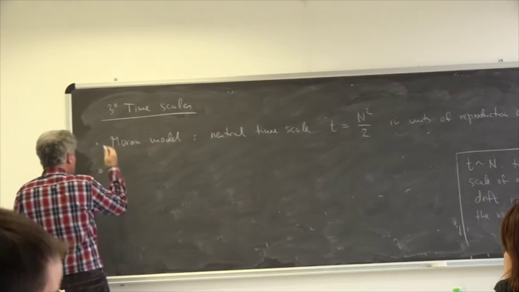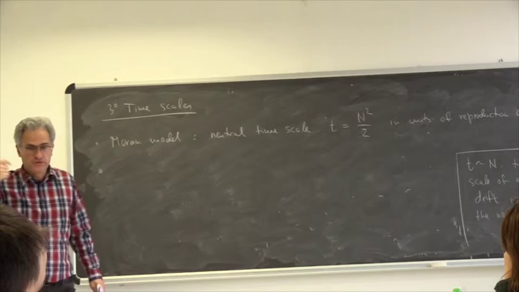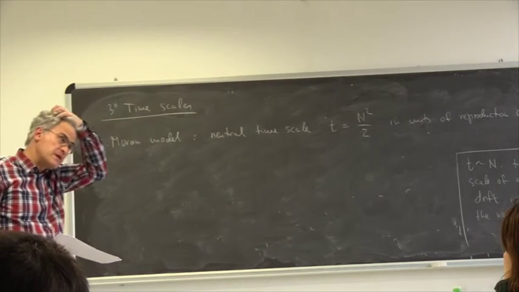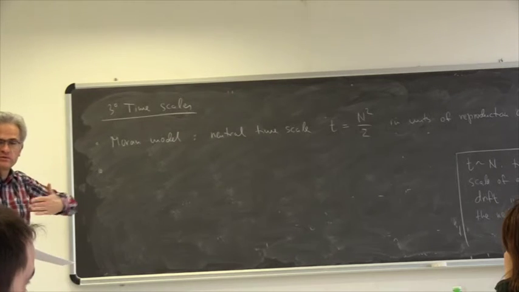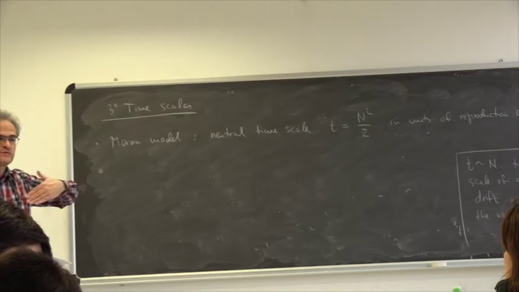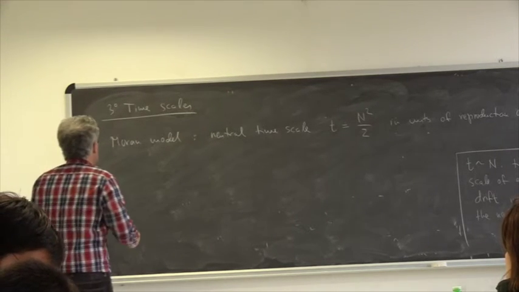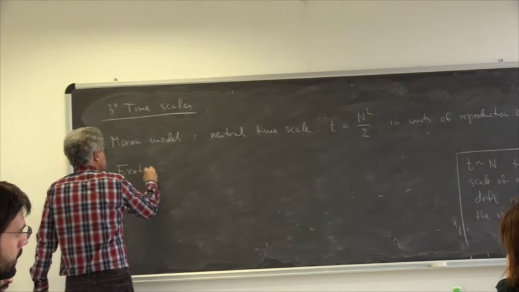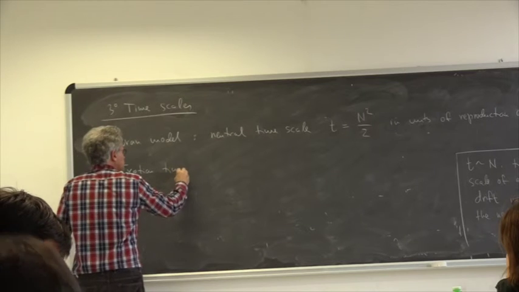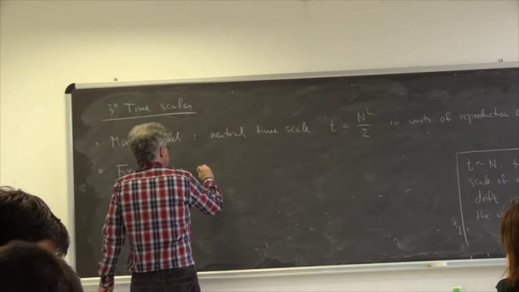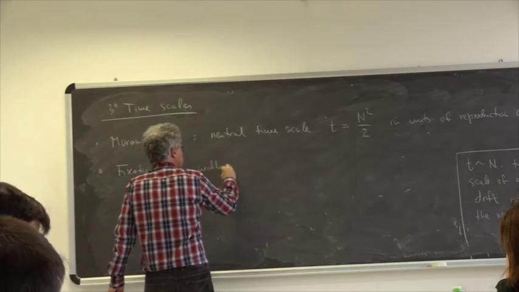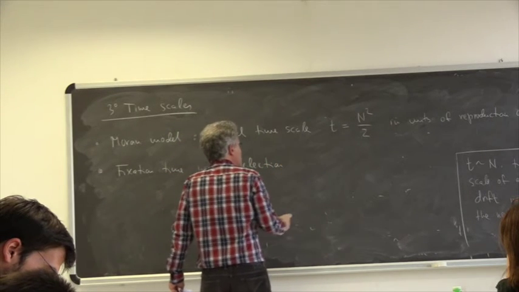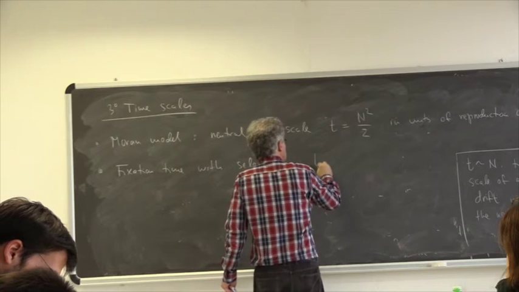And the second remark that I want to make: you can ask what happens if you have selection, and then the time scale is much shorter, as you might think, because the process is driven towards one of the boundaries. And it only depends rather weakly on population size.